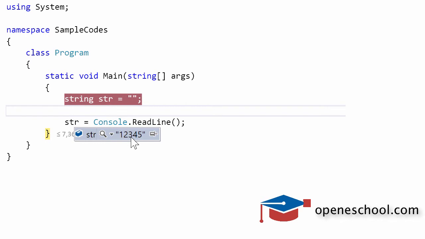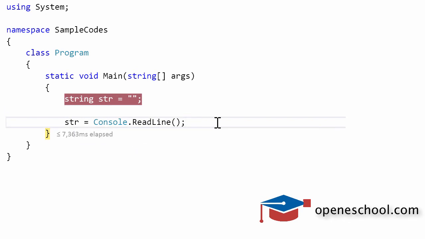It has received this value as a string, which you can tell from the double quotes surrounding the number 1, 2, 3, 4, 5. So the Console.ReadLine function will help you read values from the keyboard, but it will treat all the values that we input from the keyboard as strings, and it is your job to then convert those string values into proper data types before using them in your C# program.